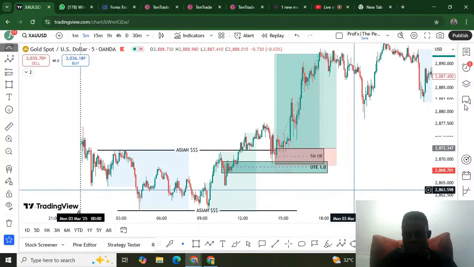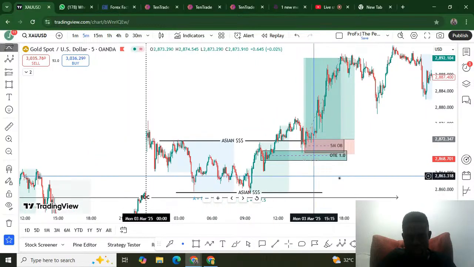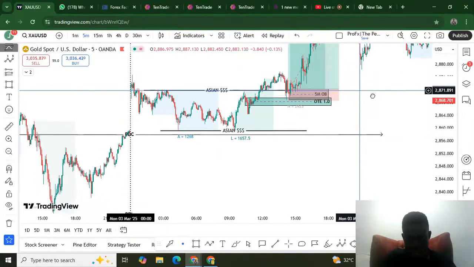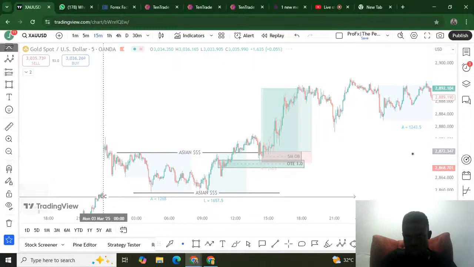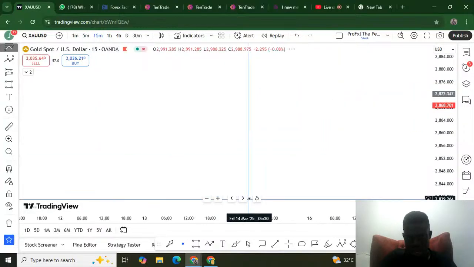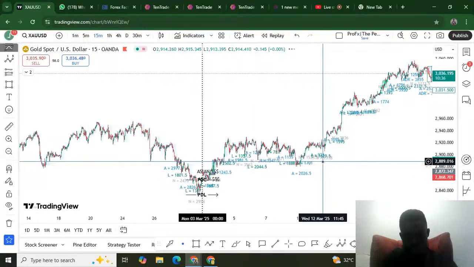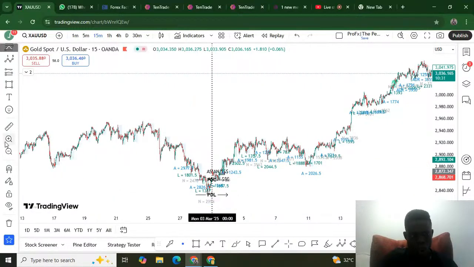So this is a bearish to bullish chart example. You can see that I'm not forming this. We all did this together, right? Let me go to 15 minutes. This is a chart with no manipulation. You have to be specific: bearish to bullish with no manipulation.